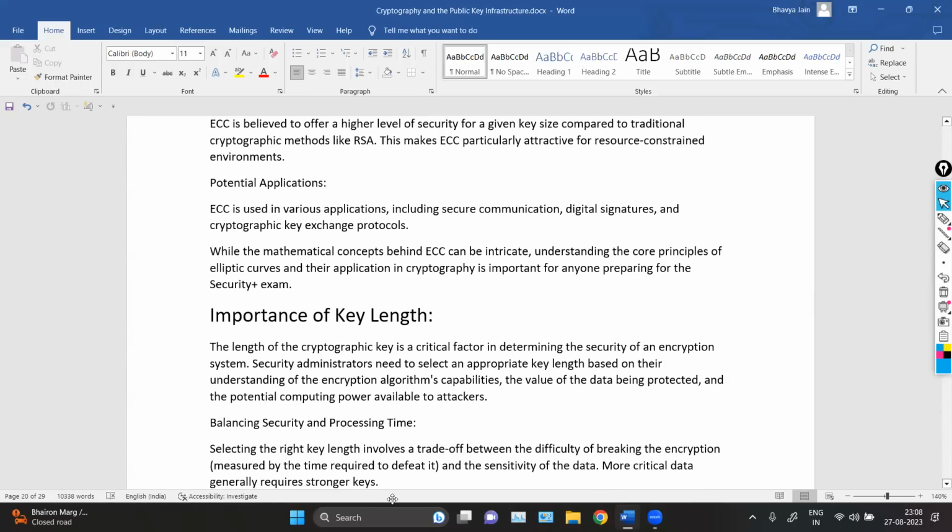So you can just understand the core principles of elliptic curve cryptography for the examination. The mathematical concepts are not important for that. Mathematical concepts are important where you are creating the algorithm by yourself.